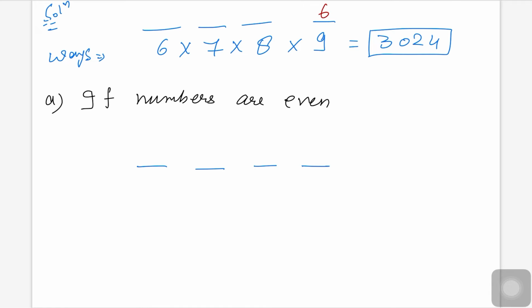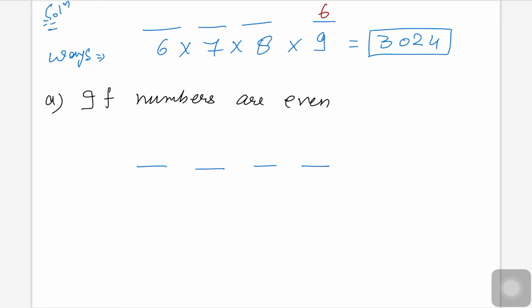Some people will think, sir, this has 9 options, this has 8 options, I can move from any. No, as I have already told you, if there is a condition, then first of all you have to satisfy the condition, then only you can move forward, otherwise you cannot.